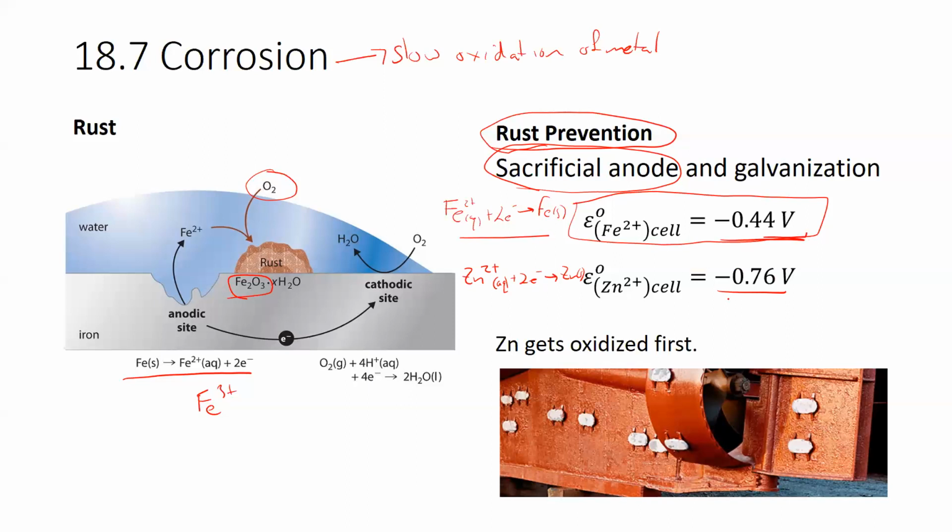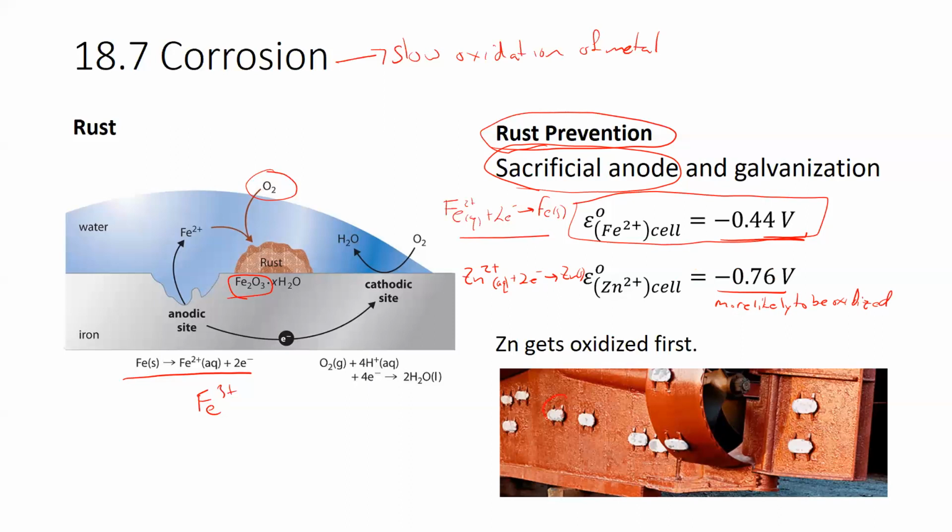And so if you have the zinc attached to the iron, the zinc is more likely to be oxidized.